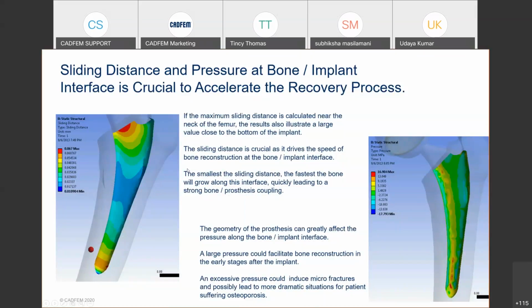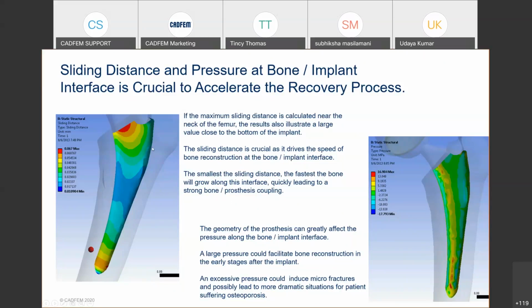If the sliding is more, that means it will take a considerable amount of time to recover, because the bone should reconstruct around the implant and have a good adhesion between the implant and the bone, right? So if the sliding interference between the bone and the implant is more, that means the recovery time for the patient is also more, and it's also painful in that case.